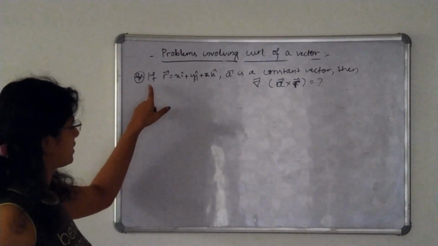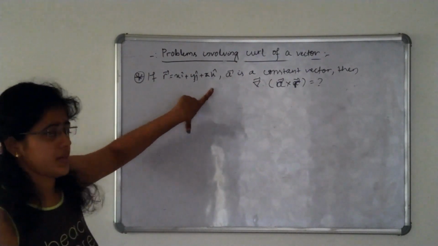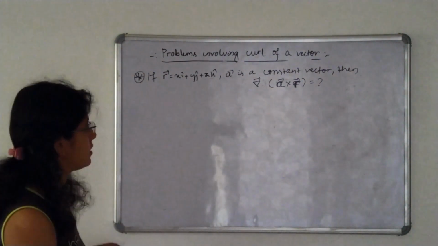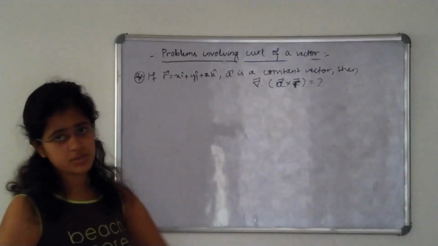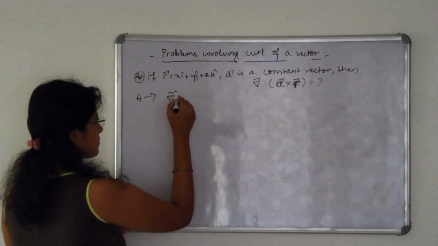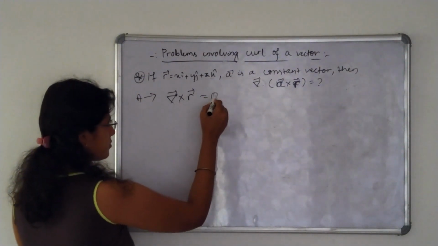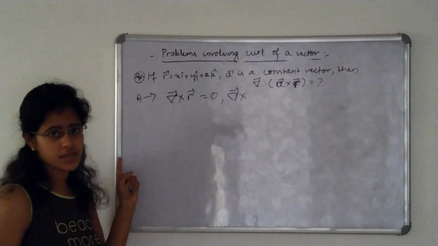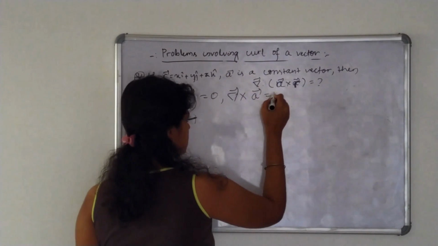The next question is, if r vector is x i cap plus y j cap plus z k cap, means r is a position vector, and a vector is a constant vector, then del dot a cross r is equal to how much? Okay. So we know that curl of the position vector is equal to 0. You can see in the first example, and then curl of a constant vector is also 0.